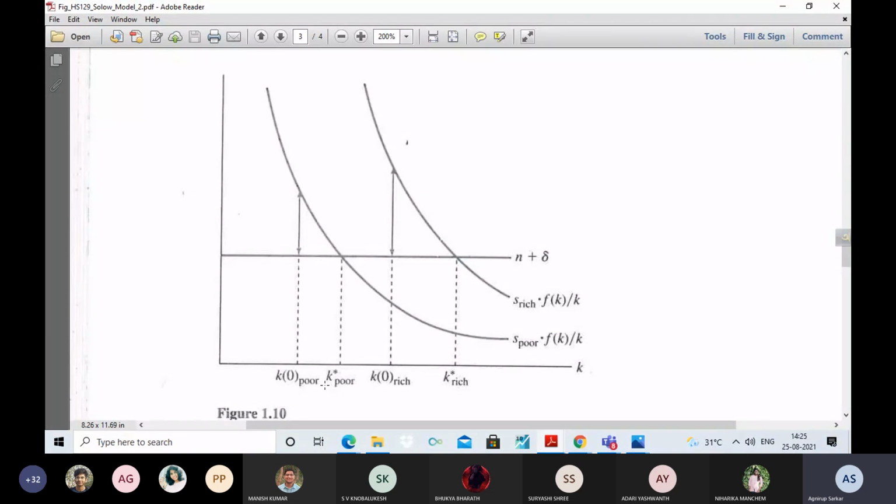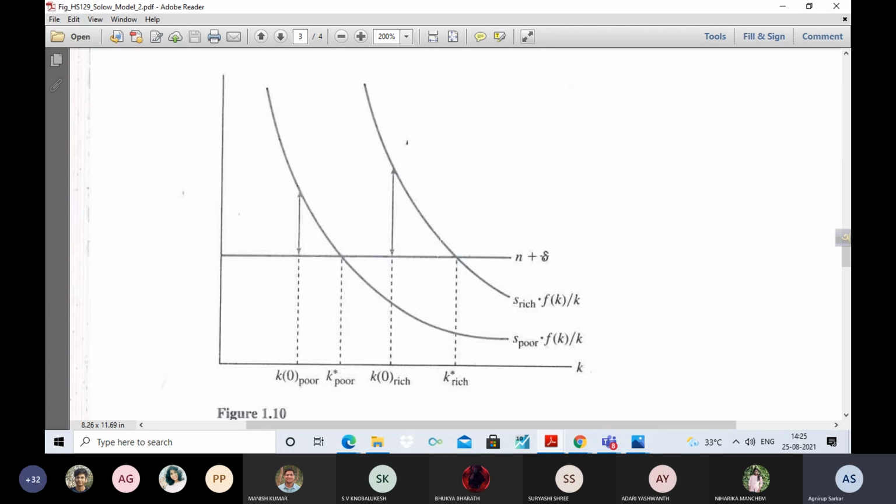So in this particular figure, what you find is that these steady state values are determined by the intersection of the sFK by K curve with the common n plus delta line, because n plus delta is common for both nations, at least for simplicity's sake. Although you might argue that the poorer nation might have a higher population growth rate, for the time being, let us assume that the population growth rate is the same for both nations, and so is the depreciation of capital.